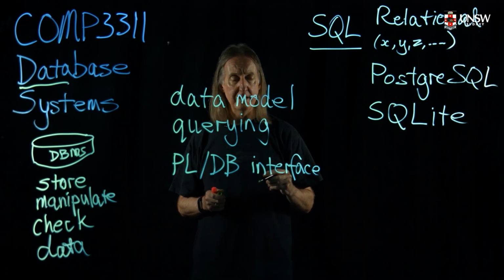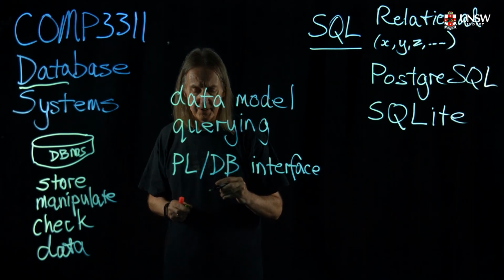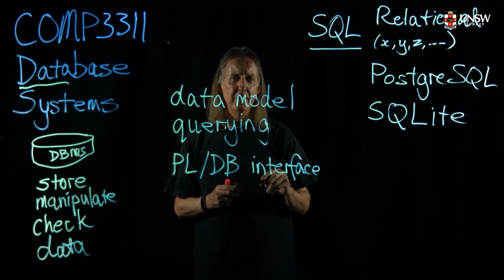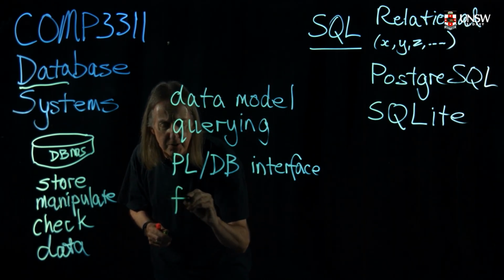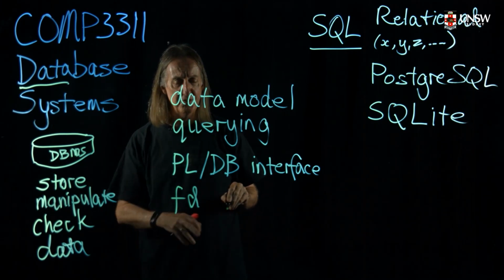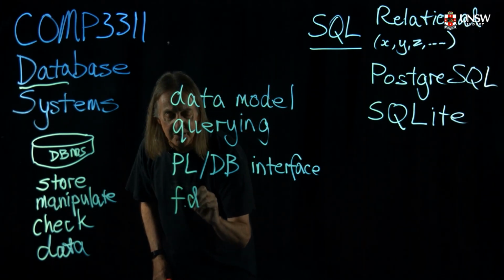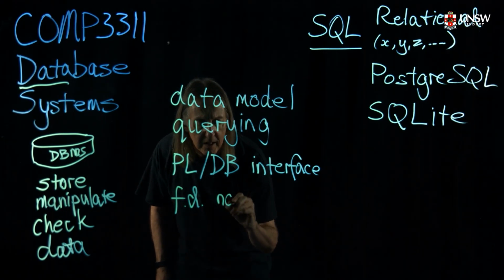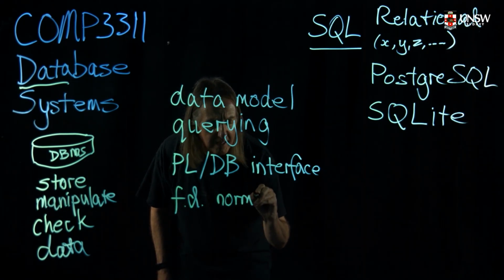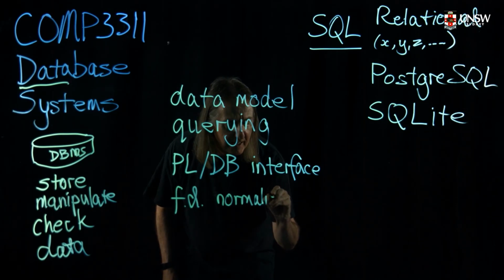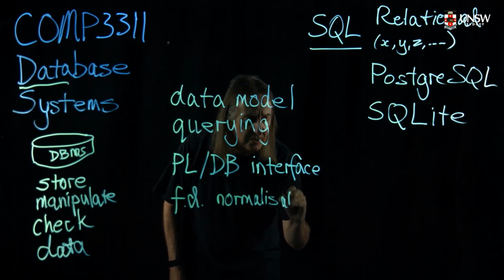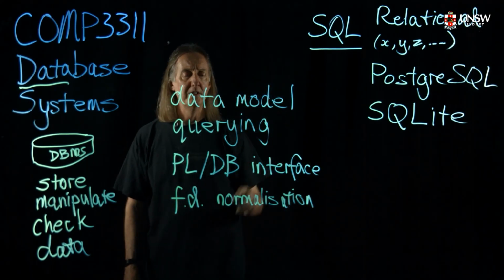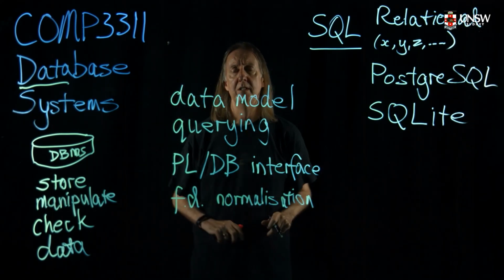Other interesting things that we'll be looking at is the notion of functional dependencies and normalization. So I'll just write FD for functional dependency. If you forget what that means, doesn't matter, we'll be talking about it in more detail. And normalization. And basically what these topics are all about is deciding whether a data model that you've built is in some sense good.